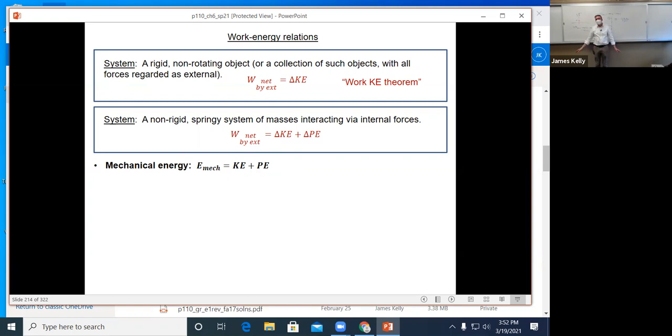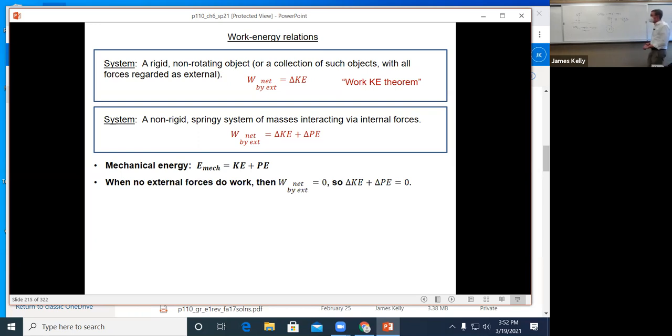Now the Earth's not moving much, so its kinetic energy is essentially zero, but the pen had some kinetic energy. Plus, it still had more contraction to do. That spring wanted to contract even more, so there was some potential energy in it. And sometimes people define the sum of kinetic plus potential to be mechanical energy.